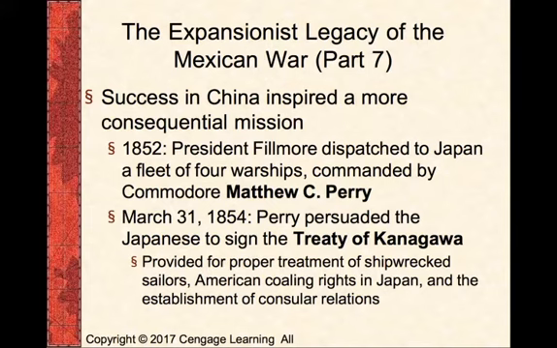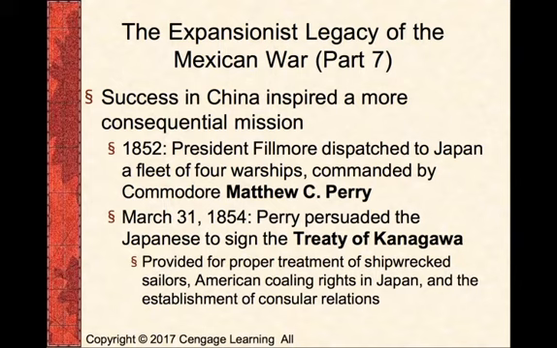But his fleet of 4 smoke-belching warships comes into Tokyo Bay with guns sticking out the side, and all of a sudden Japan decides that it might be a prudent idea to open up rights to the United States.